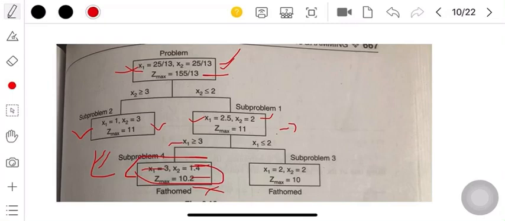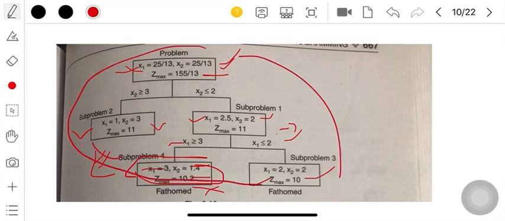After considering x1 less than or equal to 2, we get this solution, in which the value of the objective function is 10. So in the entire structure, the value of the objective function is maximum and the values of the variables are integers. So we can say this is the optimal solution.